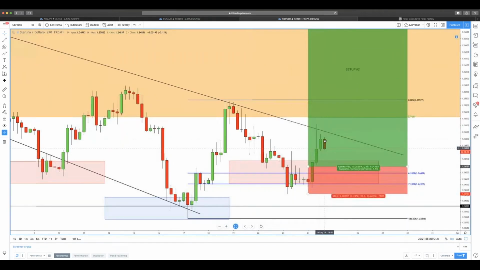But if the price confirms this bearish engulfing candle, this for me will be a strong bearish signal that could bring the price another time to another bearish phase.